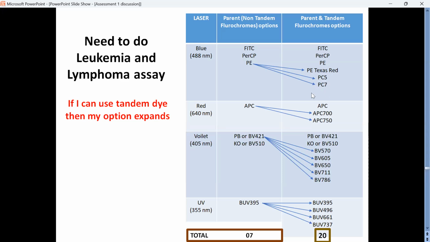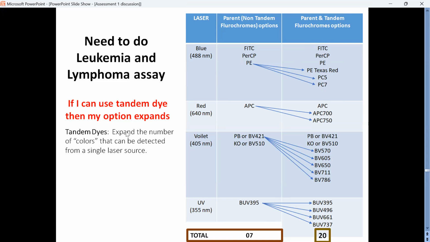So now I can conjugate different markers to these tandem fluorochromes and do an easy multicolor flow cytometry experiment. Whereas previously only 7 fluorochrome options were available, so doing a 16 color or 20 color assay is not possible. So that is the advantage of using tandem fluorochromes.